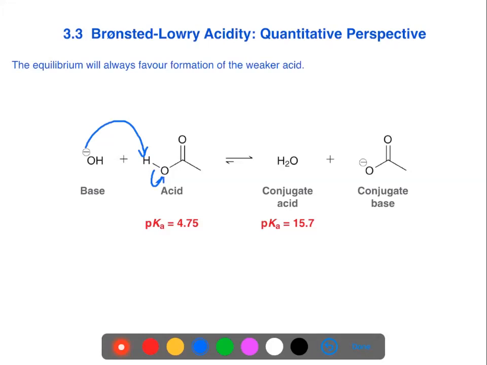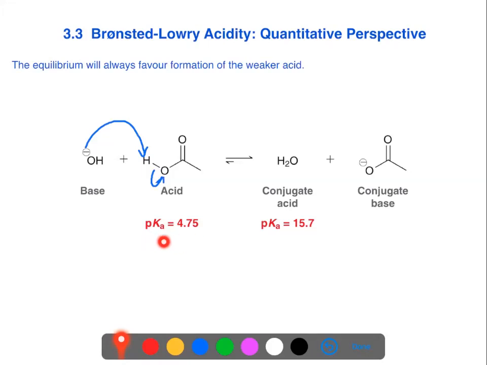The net result of this reaction is the formation of a molecule of water, the conjugate acid, and its conjugate base, the acetate. Now, if we look at the relative strength of the two acids, the original acid in our reactant state is the acetic acid.